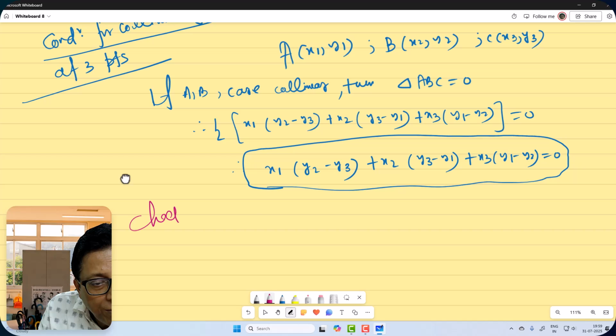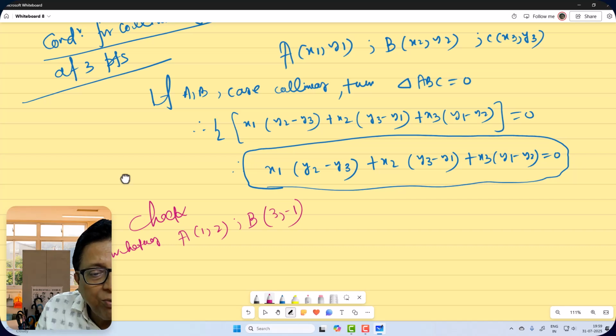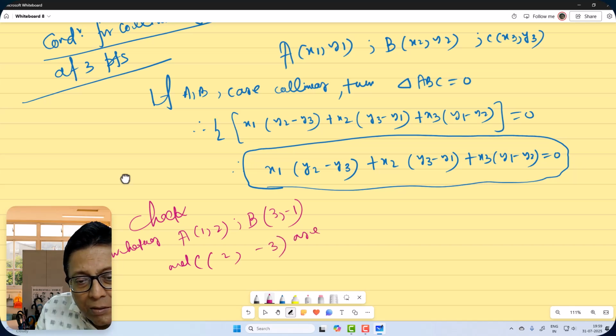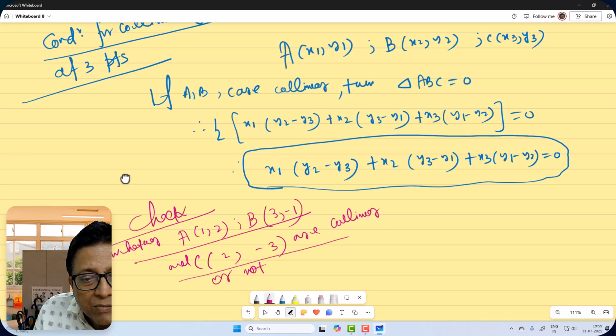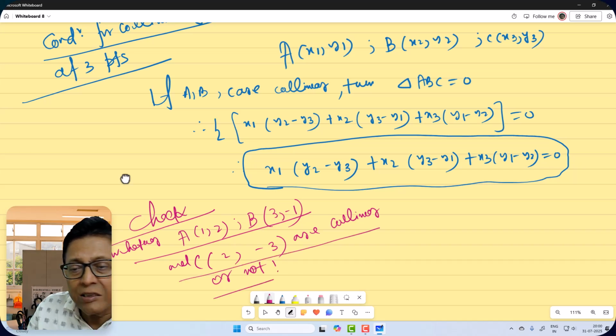Check whether A (1, 2), B (3, minus 1) and C (2, minus 3) are collinear or not. We have to check. These 3 points are collinear or not. How to check?